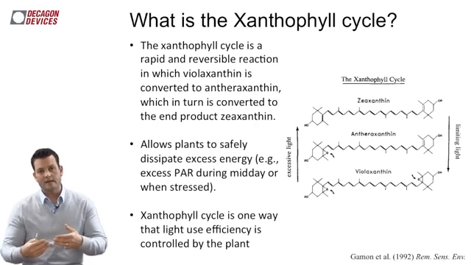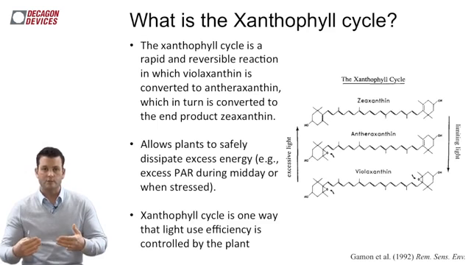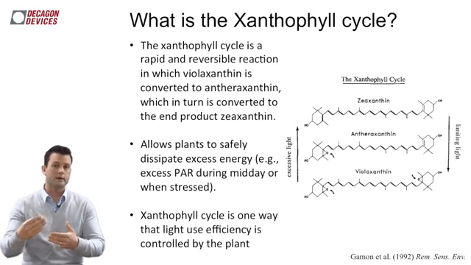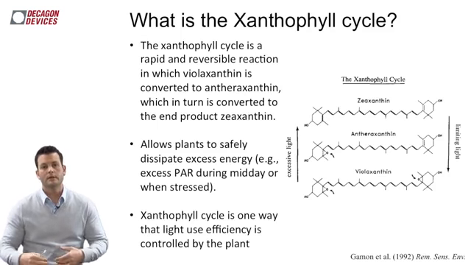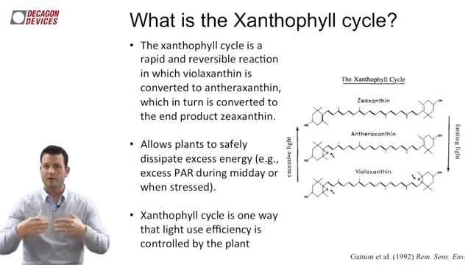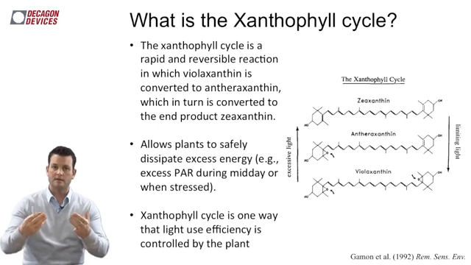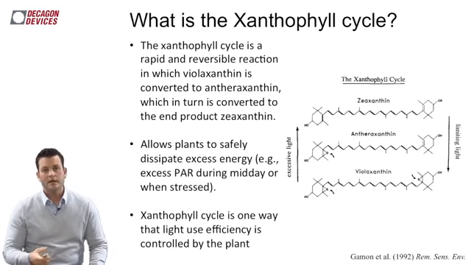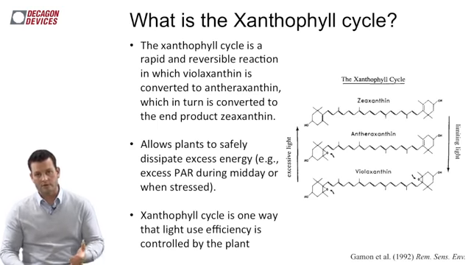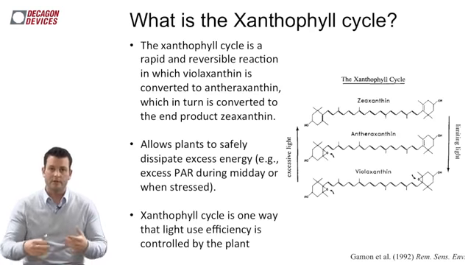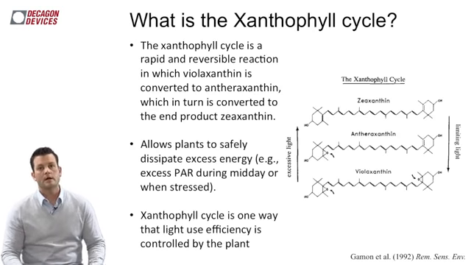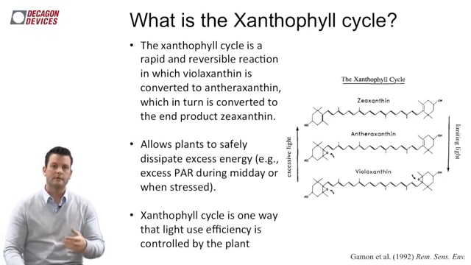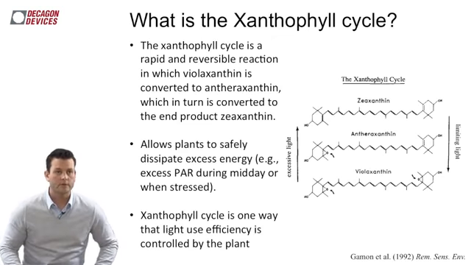And so violaxanthin would be the unstressed state, and as the plant encounters stress, this interconversion of pigments is going to occur until we have more pigment in the zeaxanthin state than in the violaxanthin state. And that process is reversible. So if the stress is released, for example, if we decrease the light level, then those pigment interconversions can go backwards to where we have mostly violaxanthin within the plant tissue.